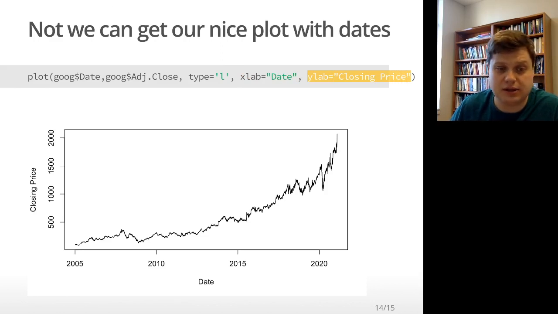We can see that the original starting date in our data set was the beginning of 2005, and then it went to the end of 2020, or maybe the beginning of 2021 here, and the price changed from 200 to 2000 in this time frame, and you can see exactly how the price evolved over time.